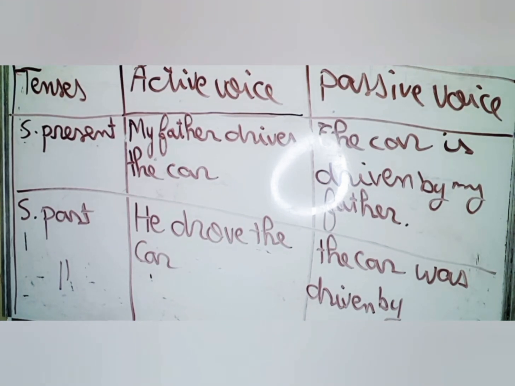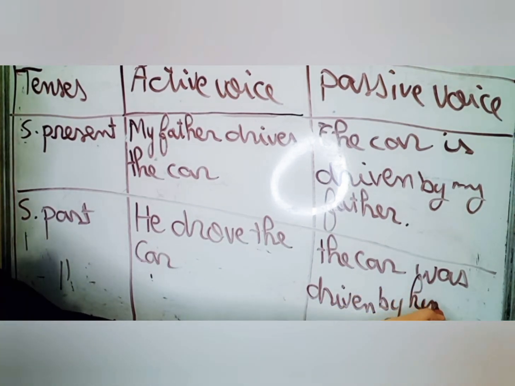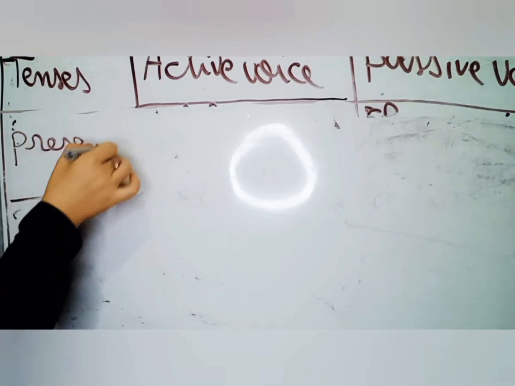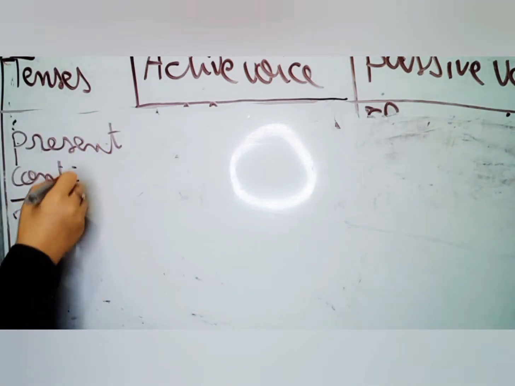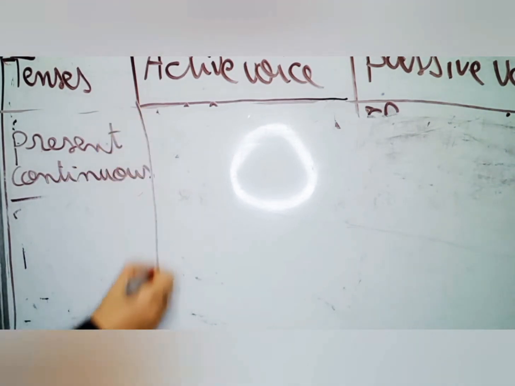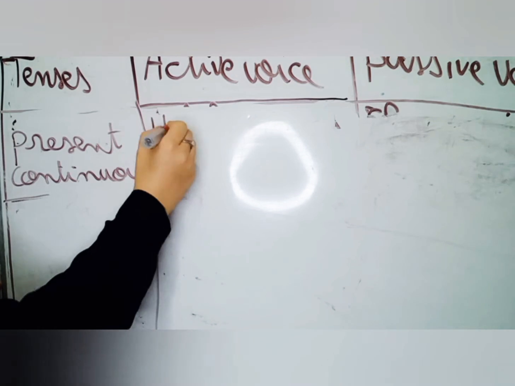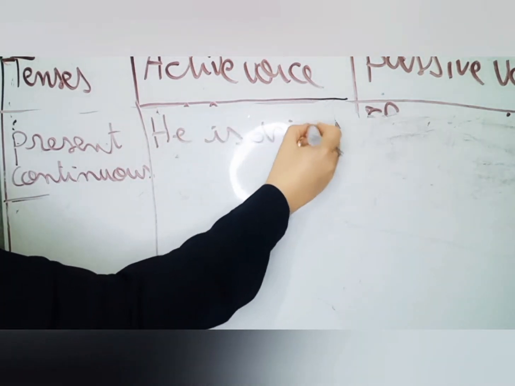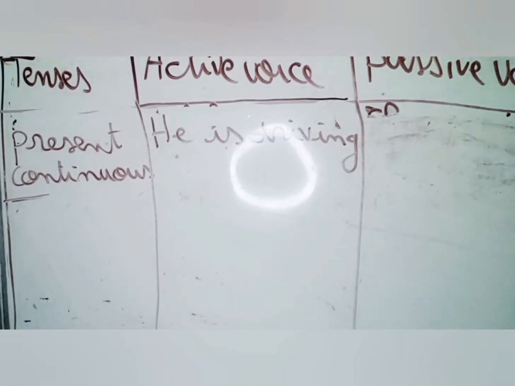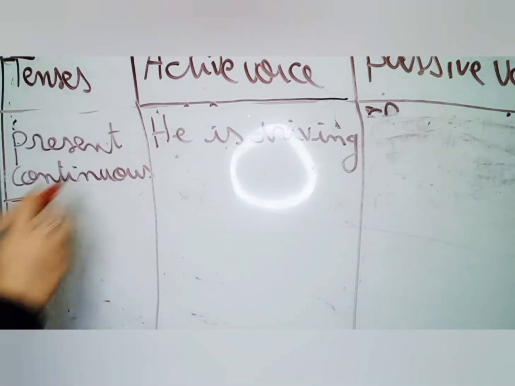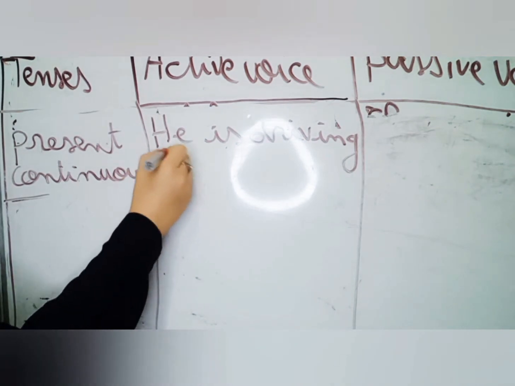When we change the subject he to a direct object, it becomes him. By him. الزمن الحاضر المستمر, present continuous, an action started in the present and still continues in progress. For example, he is driving. This is present continuous: verb to be plus verb ing. Drive, we remove the e and it becomes driving. He is driving the car.